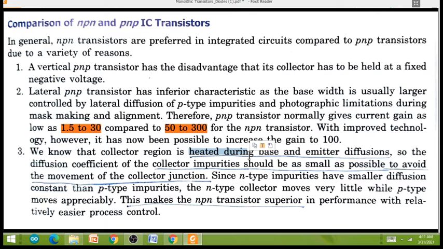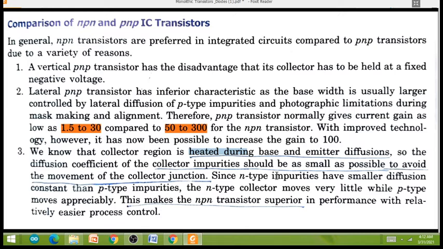So if you compare the PNP transistor with the NPN, the heating increment and the junction temperature rise faster. The logic given is that the diffusion constant of the N type impurity is small compared to the P type impurity. That is a characteristic, so one cannot change it, and therefore it is an unsolved problem of the PNP and the NPN transistor.